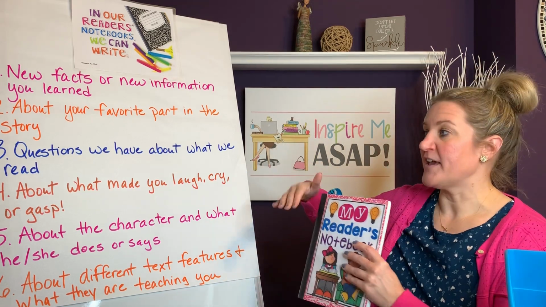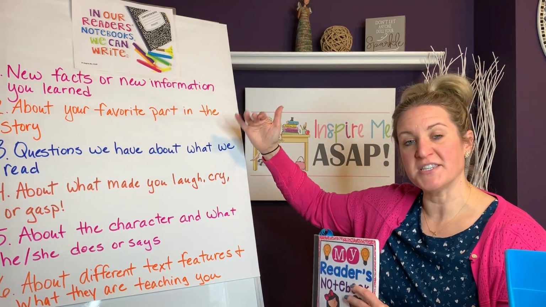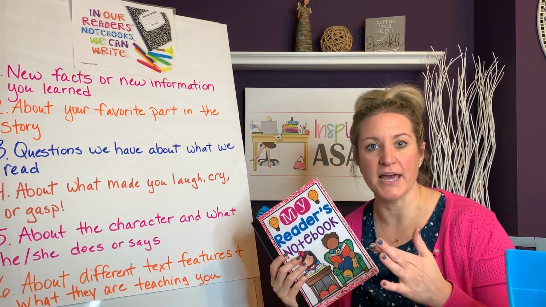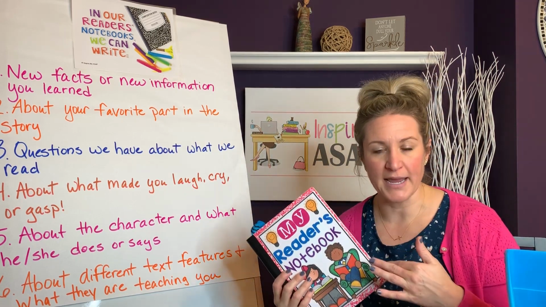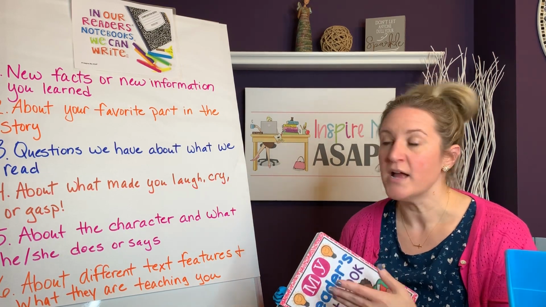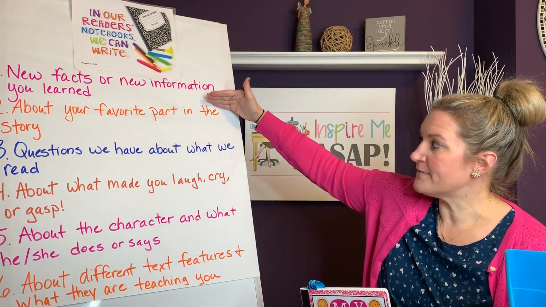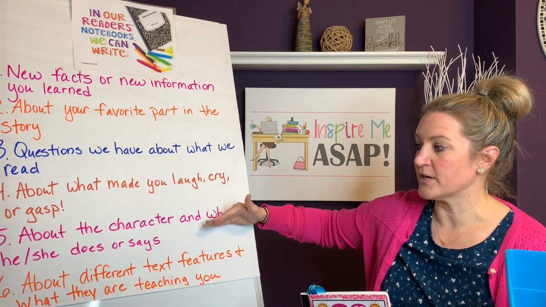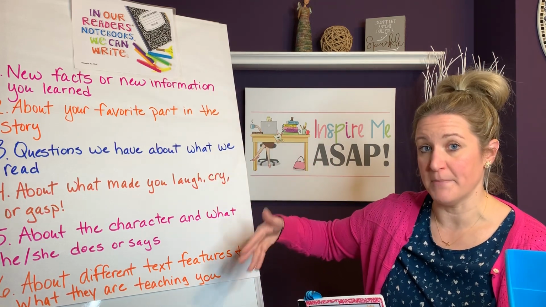Once I give a very brief explanation about the different ideas about how we can respond to our reading, and what we can use our readers' notebooks for, I would then dive into what each one of these different components would look like in a different mini lesson.